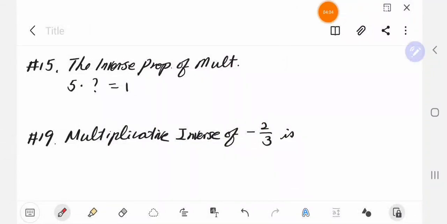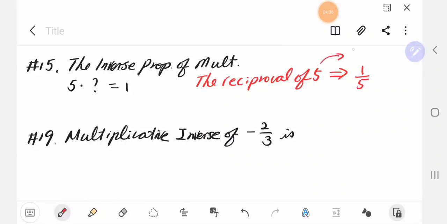Okay, number 15, the inverse property of multiplication. So 5 times what becomes 1? In order to make a multiplication equal 1, we have to multiply by the reciprocal of the number. That is called the multiplicative inverse. So the reciprocal of 5 is what? 5 is 5 over 1, so that will be 1/5.